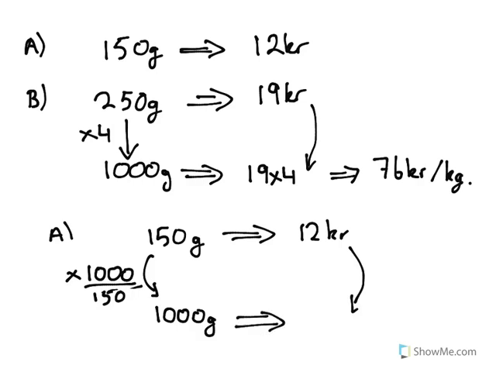Now we've got 1,000 grams, so we have to multiply by the same factor here. 1,000 divided by 150, where the zeros cancel, is times 100 and divide by 15, giving us a kilo price of 80 kronas per kilo.